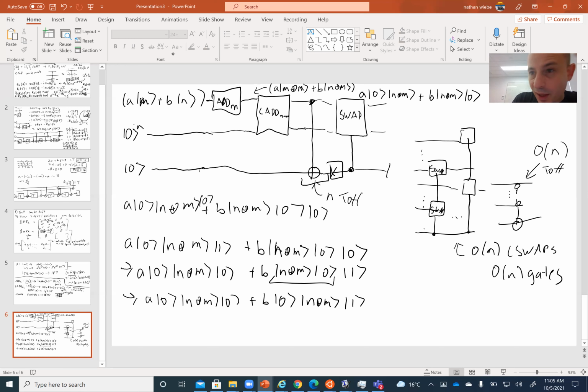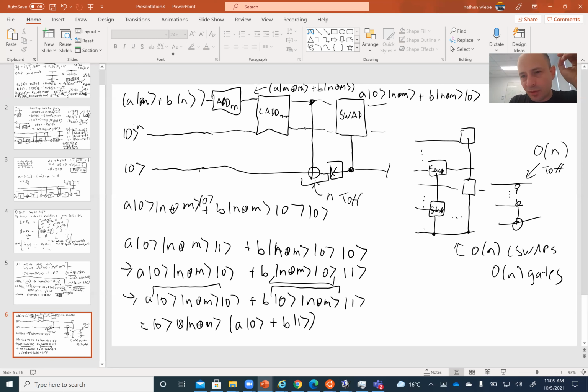Now, something kind of magic happens here. We've got a tensor factor that's common to both of the terms. So using the distributive property of tensor products, we can factor this as 0 tensor n exclusive or m, a 0 plus b 1.